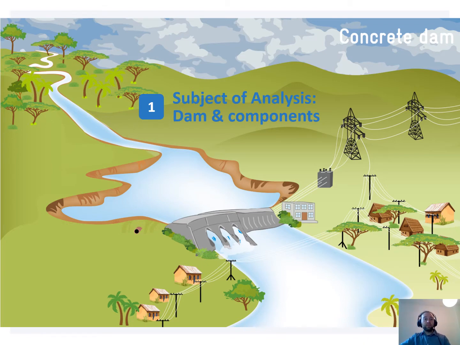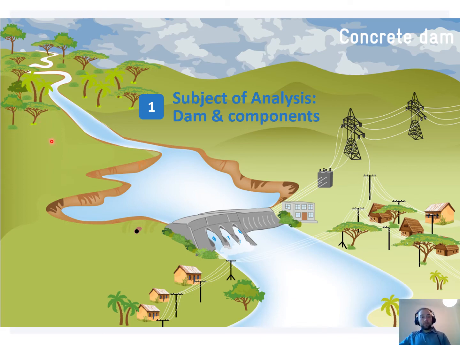And for this, let's assume that we have already constructed a dam and we are now in the maintenance and operation phase. We have a concrete dam within a very nice green valley, which provides water and energy to both the village that is nearby and to the outside world.